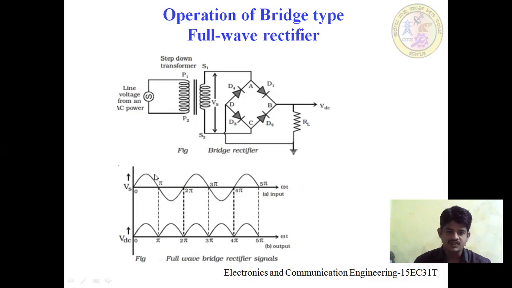So output frequency is double the input frequency. It is the same in both types of full wave rectifier. In half wave it was only one cycle for one input cycle, so the frequency was equal to the input frequency. Here, it is double.